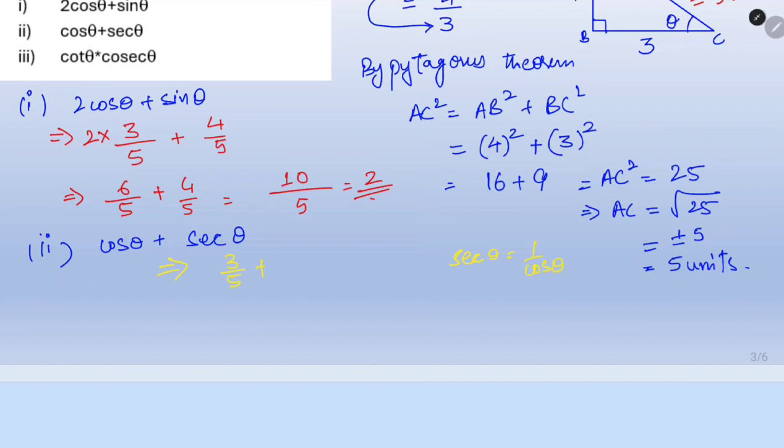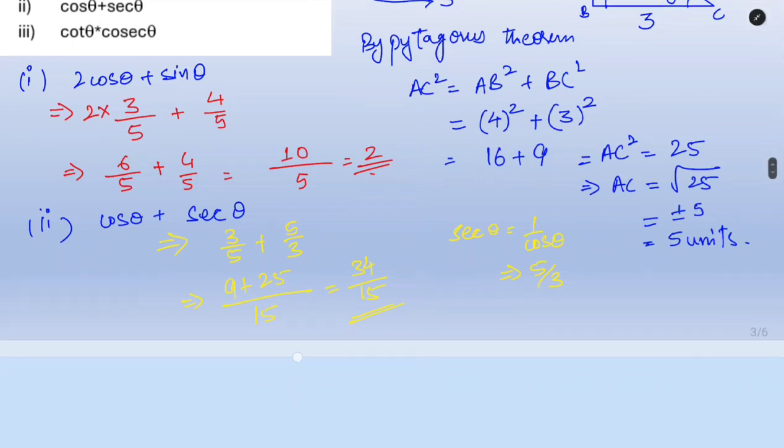It's a reciprocal, so sec theta will be equal to 5 by 3. What will be the LCM of 3 and 5? It will be 15. It will be 9 plus 25. 25 plus 9 is 34. 34 by 15 is the answer for the second part.